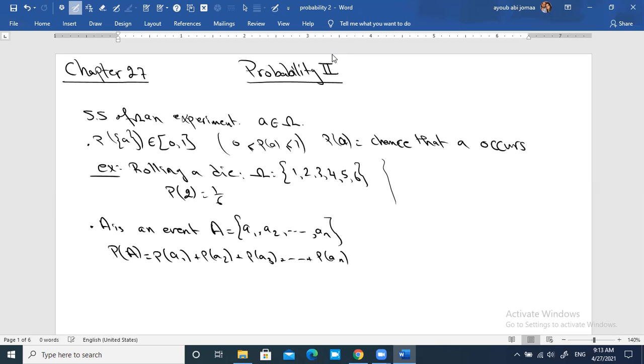For example, same experiment, rolling a die, if A is the event the number is prime, it means that it's 2, 3, 5. Then the probability of A is the probability of 2 plus the probability of 3 plus the probability of 5.